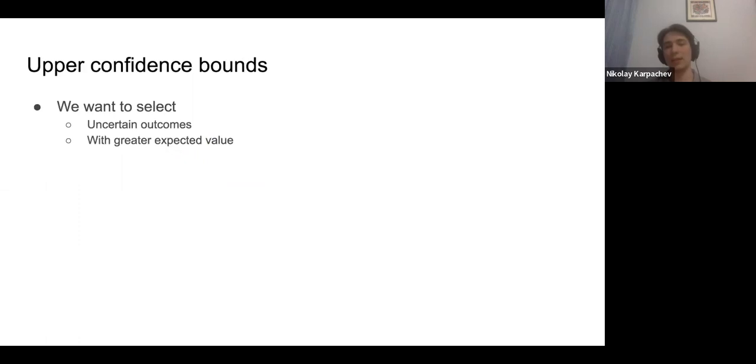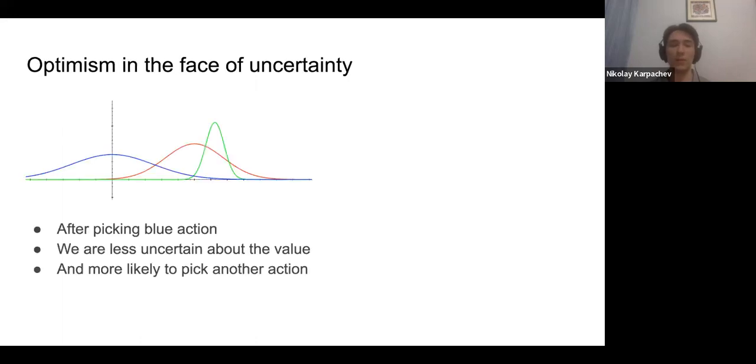But as you've said very correctly, we actually may not want to select only uncertain outcomes. So for example, this blue action here is also quite uncertain.